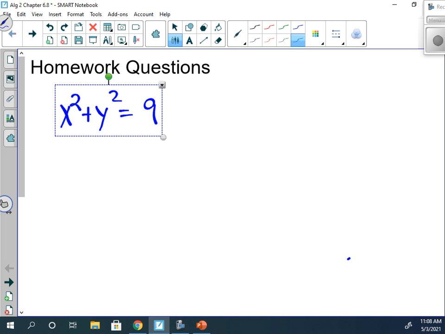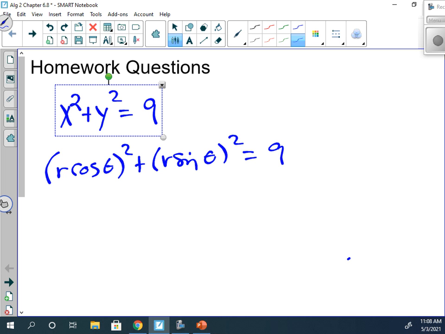If I want to go to polar, x is r cosine of theta, squared, plus r sine of theta, squared, is equal to 9. Now here, that'd be r squared cosine squared of theta plus r squared sine squared of theta.